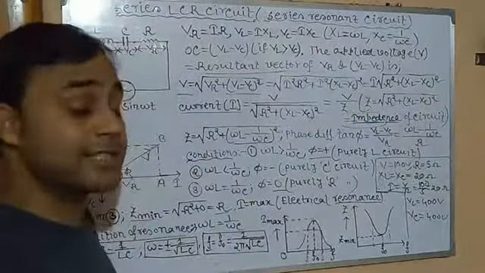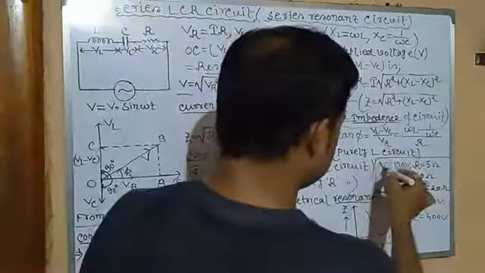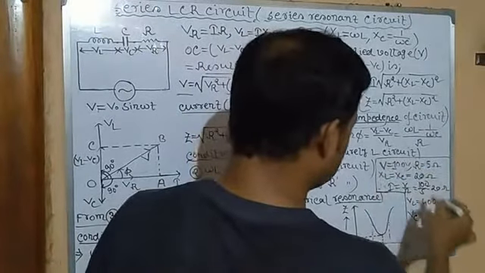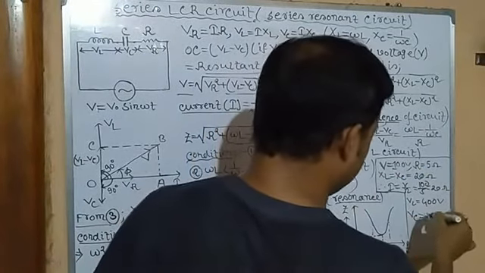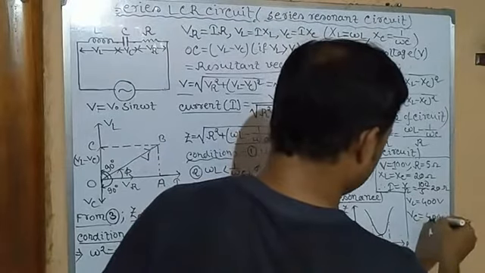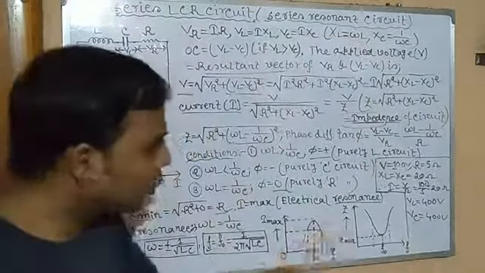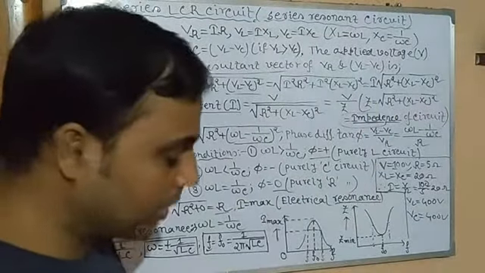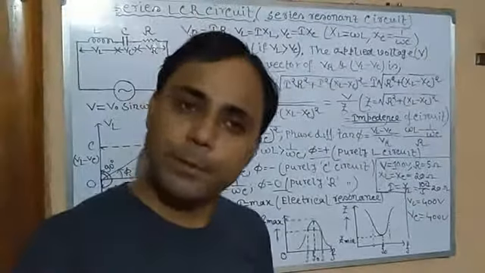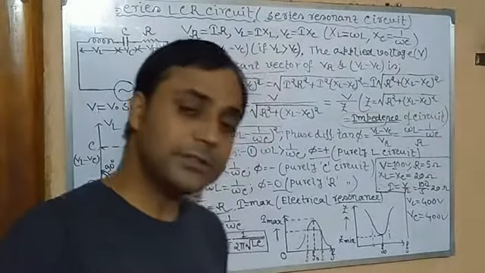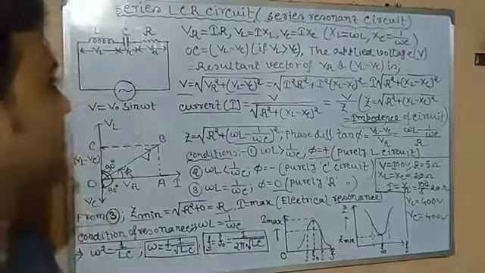See what the supplied voltage was: V equals 100 volt. But what voltage have we obtained across VL and VC? 400 volt, four times. It is voltage multiplication, that is a voltage amplifier. So this is the use of the series LCR circuit.